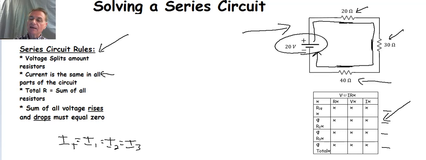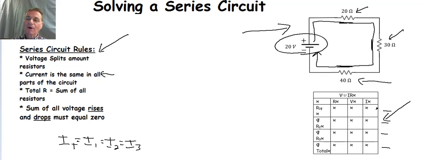How can I use that in my table? Well, if I know the current for any one of the resistors, I know the current for all of the resistors and the total. So once I know one of the elements in the current column, I know the elements in the entire current column.